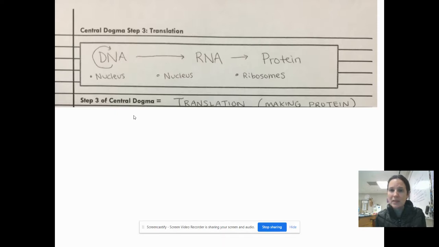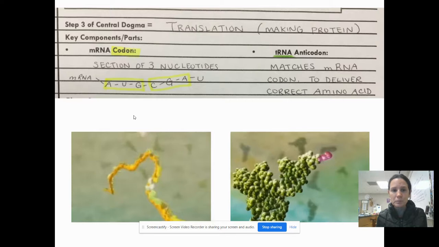That also happens in the nucleus. And then step 3, going from RNA to proteins, that happens outside of the nucleus at the ribosomes. And if you remember from way, way back, ribosomes can either be found freely floating around in the cell or attached to the ER. So that third step is called translation, and that's what we're going to focus on today.